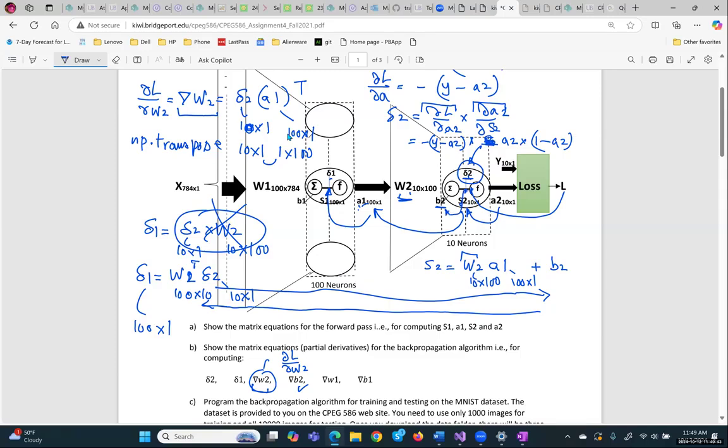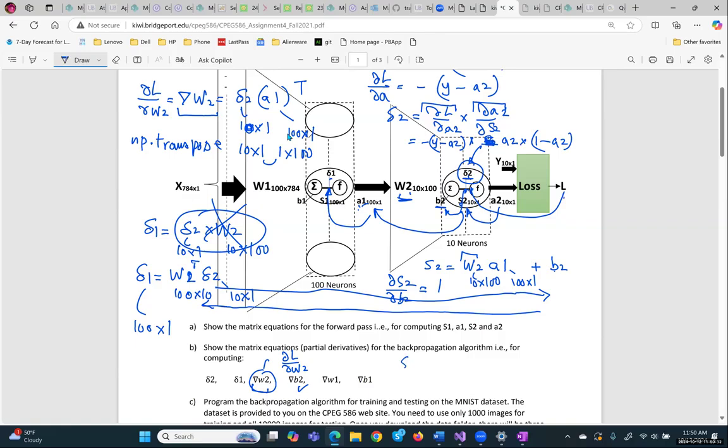This is S2. So what I'm saying is, what is partial S2 over partial B2? Anything that is not B2 is treated in this equation as a constant, and there's only one B2, so this is 1. So what does that mean? Then partial L over partial B2.